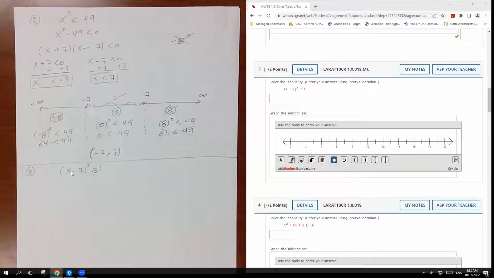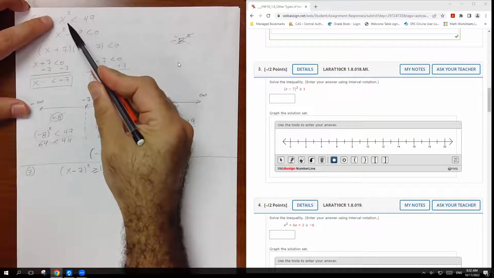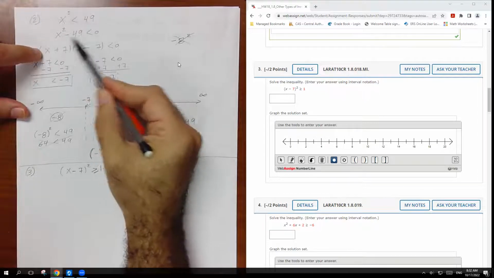The difference between example 3 and example 2 is that I'm not going to care about the sign, whether it's greater than or less than, for how to solve this one and find the key numbers. If you look at example 2, I told you there are 2 ways to solve this one. The first one, you can move the 49 to this side and use the difference of two squares to factor the left side.